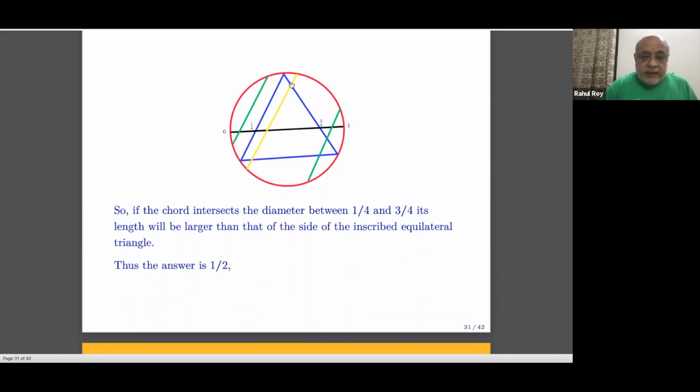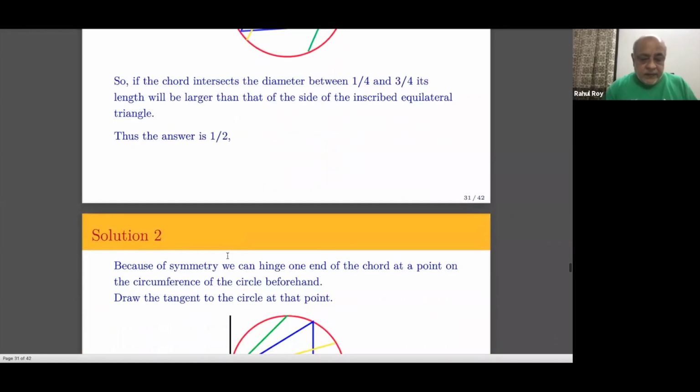So the probability that we'll get a chord like this yellow line, which is larger than the side of the inscribed equilateral triangle, is exactly half divided by 1. In other words, the answer is half. That's the first solution.